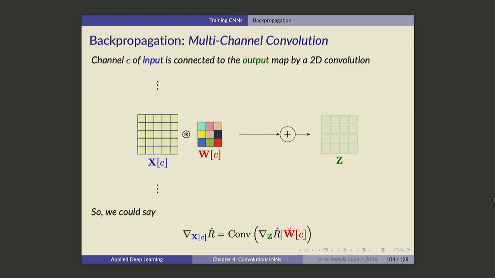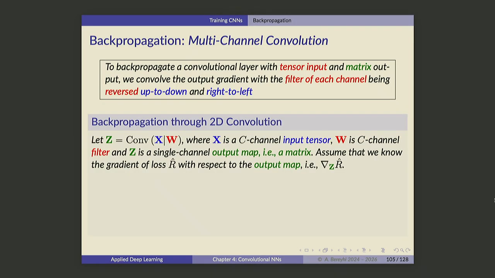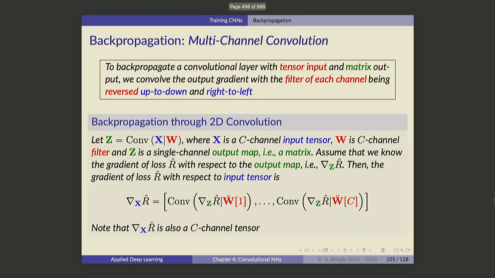So moral of the story here is that if you want to move backward, the thing that you are going to do is to do just partial convolutions with respect to every single channel of your filter, right? So what does it mean? It means that you had your x, which was C channel, and now you have your output gradient, which is a single channel.